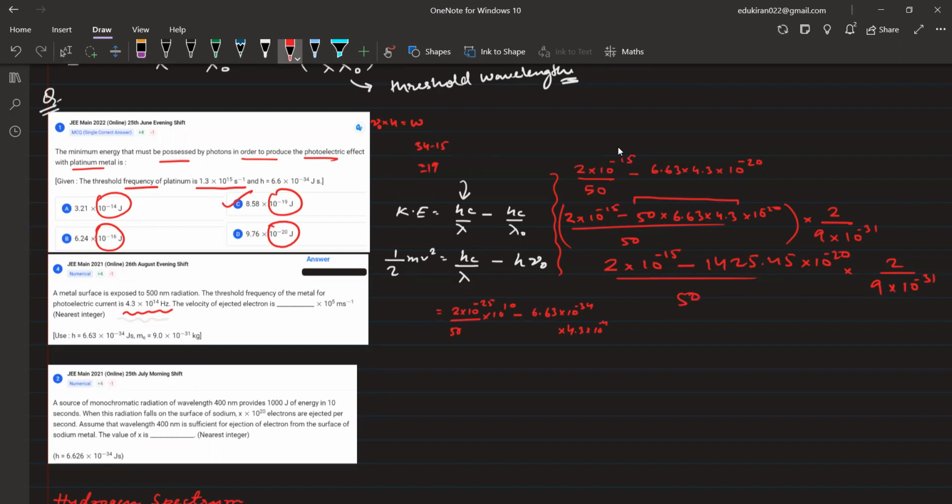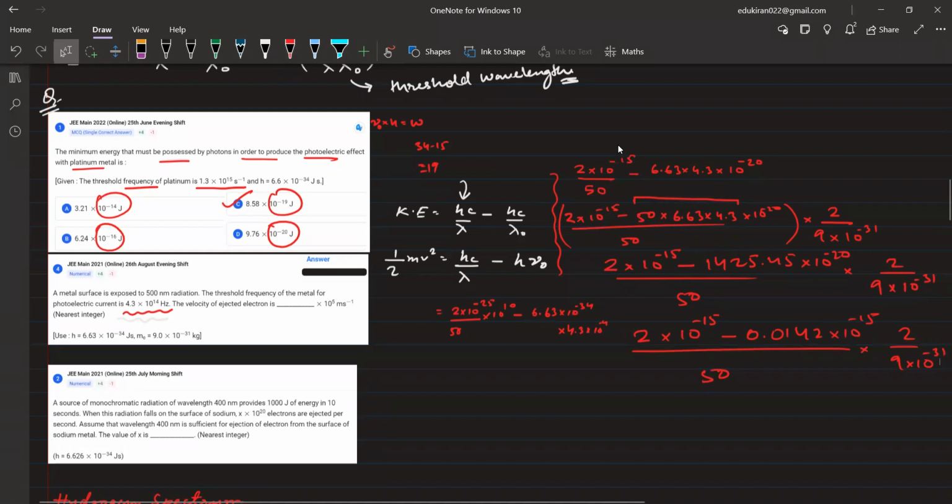So 1, 2, 3, 4, we can do it like this. 2 into 10 to the power minus 15 minus 0.0142 into 10 to the power minus 15 divided by 50 into 2 upon 9 into 10 to the power minus 31. Correct till here? Any problem till here?